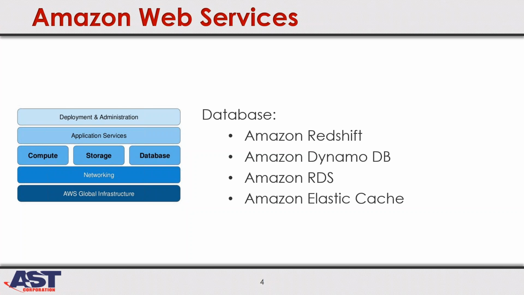The next one is Amazon RDS, a relational database, where we can install Oracle, MySQL, Microsoft SQL Server, and so on. The next one is Amazon ElastiCache, another AWS service in which we can keep our temporary memory cache in the cloud, and connect to it from our cloud compute servers or our on-premise compute servers. So let us go into Amazon Redshift in detail.